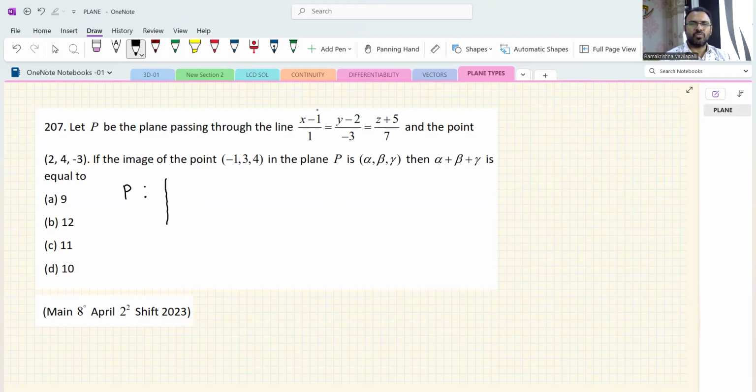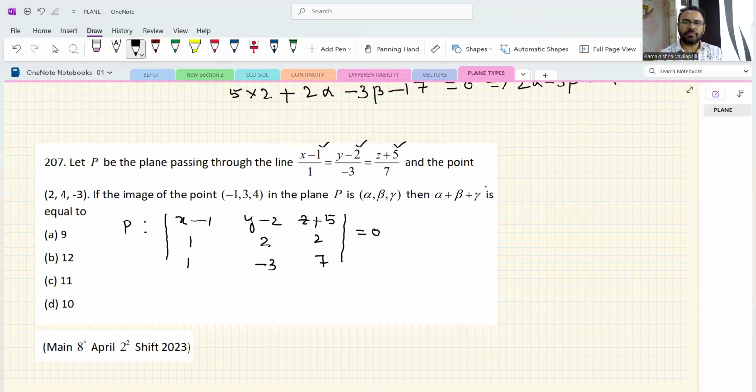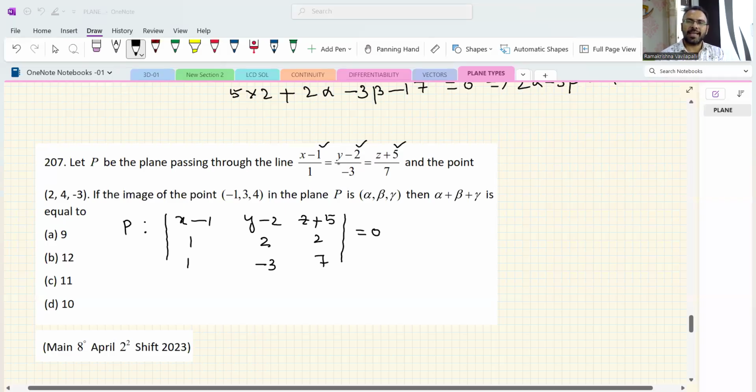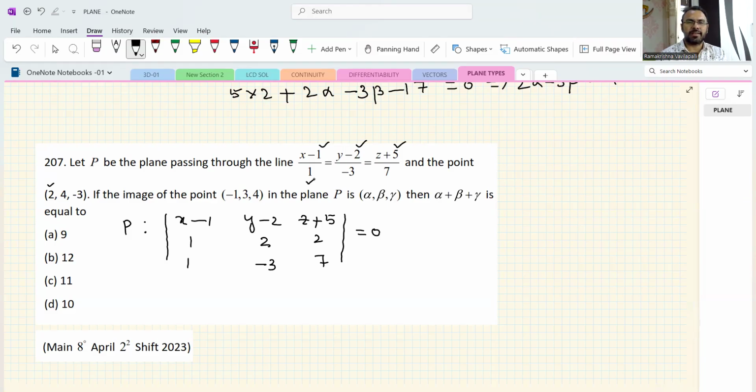The plane passes through (1, 2, minus 5). The plane containing the line is nothing but passing through (1, 2, minus 5). So the determinant: x minus 1, y minus 2, z plus 5. And it also passes through the point (2, 4, minus 3): x2 minus x1, y2 minus y1, z2 minus z1. And parallel to the vector i minus 3j plus 7k.